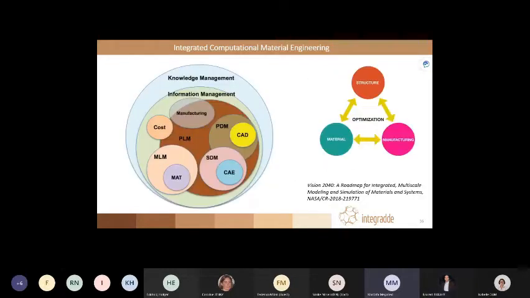So the current engineering environment is shown on the left-hand side. It is very separated. So you have the computational engineering in a vertical of its own with simulation data management. On the other side, you have the material science and the material lifetime management.